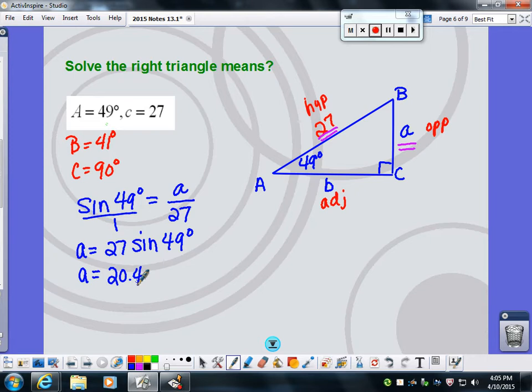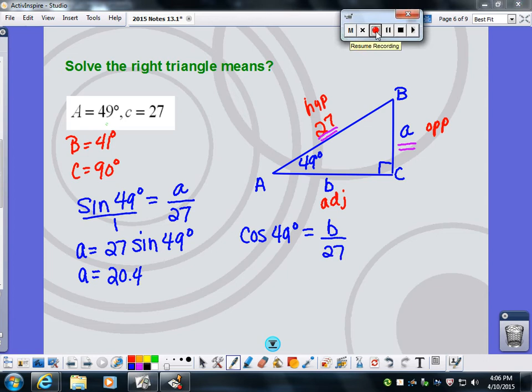Always use what's given in the problem. Don't use your rounded answer because it's going to throw that off. So we want to use that 27, not the 20.4 that we just found. What trig ratio is adjacent over hypotenuse? Hopefully you said cosine. So we're going to set it up: cosine of 49 degrees is equal to B over 27.